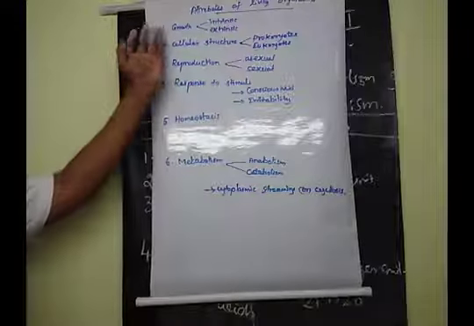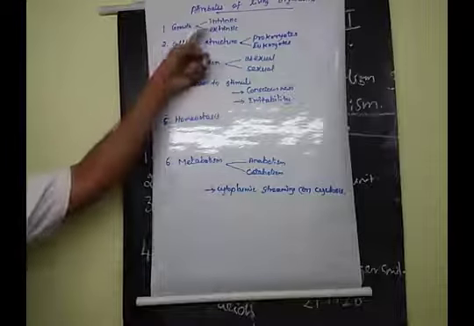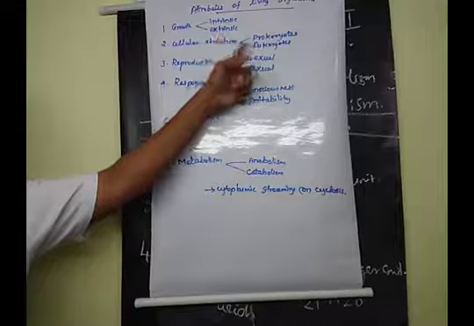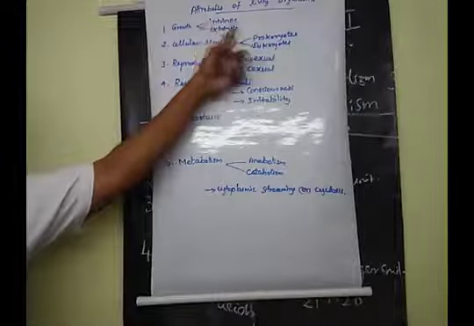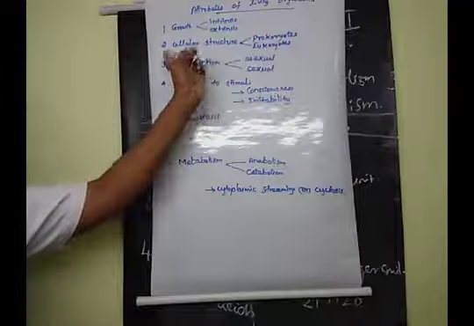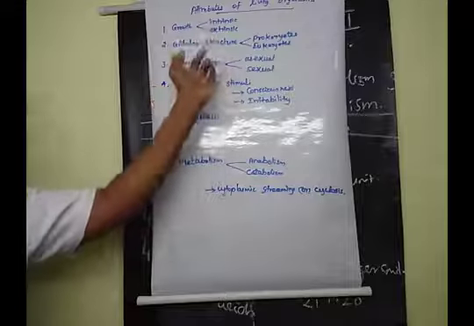The first one, growth, has 2 terms, children: intrinsic type and extrinsic type. Intrinsic and extrinsic. Clear?